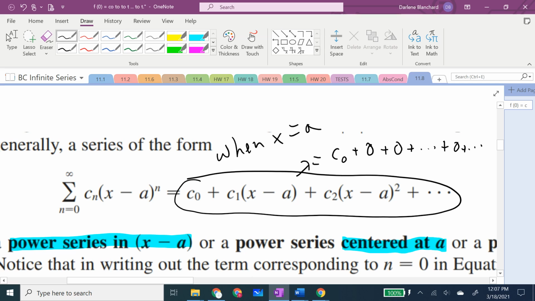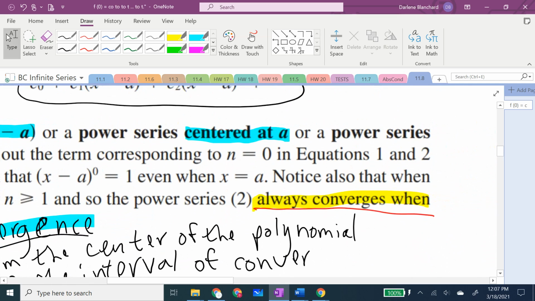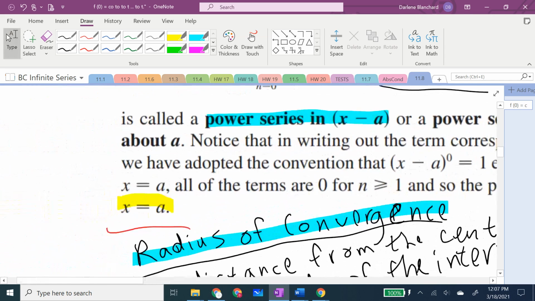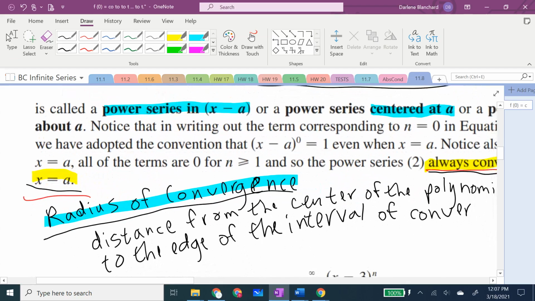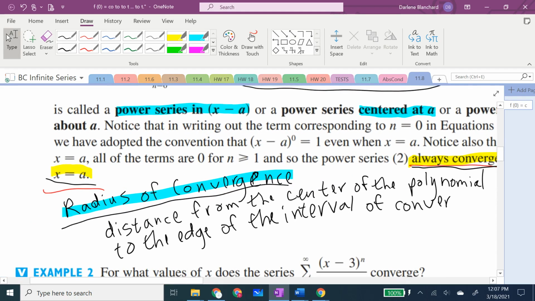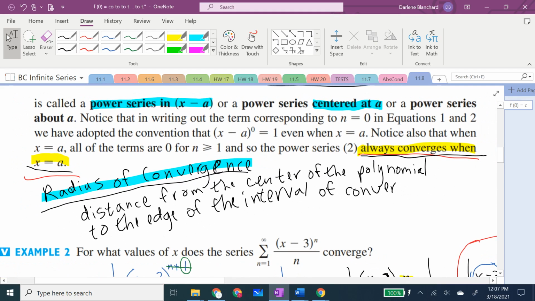So what you need to know is a power series always converges when x is equal to its center. And then I've got another vocabulary word to share with you since it's right here. So, always converges at the center.